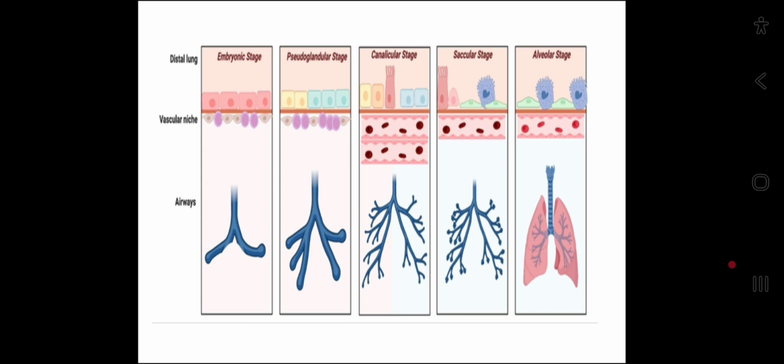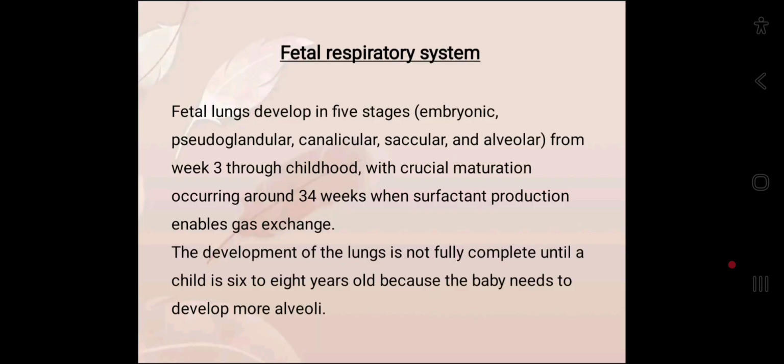The last stage, the alveolar stage, is when primitive alveoli will develop into mature alveoli, and this stage will be completed in childhood, up to 8 years, by increasing septation of alveoli and multiplication.